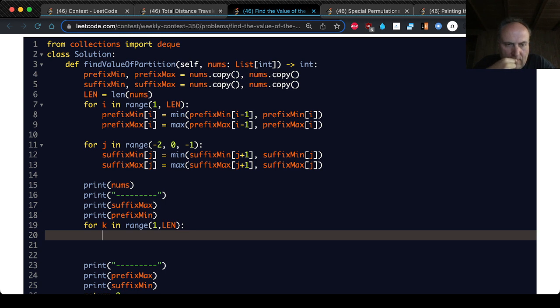And it's going to be suffix max minus prefix min. So it's going to be k minus 1 and k.